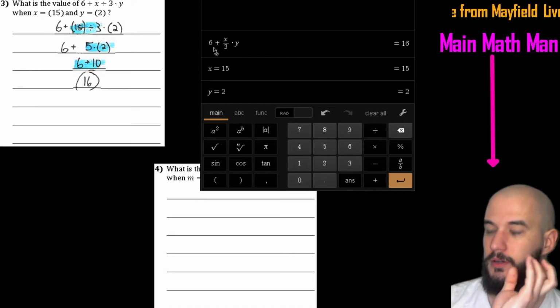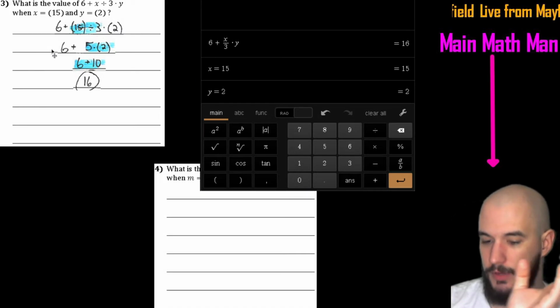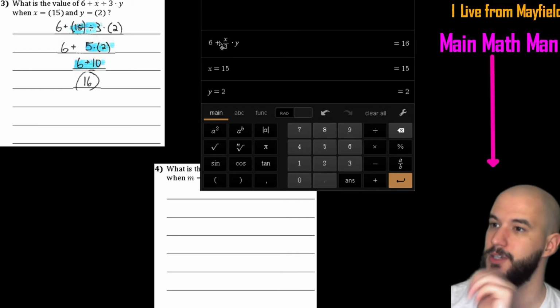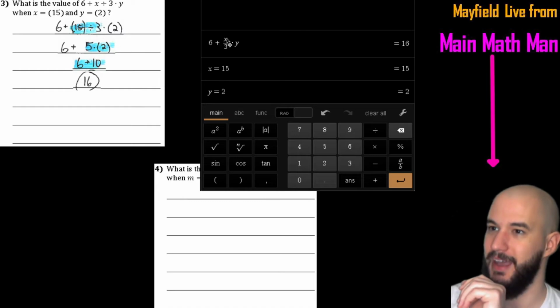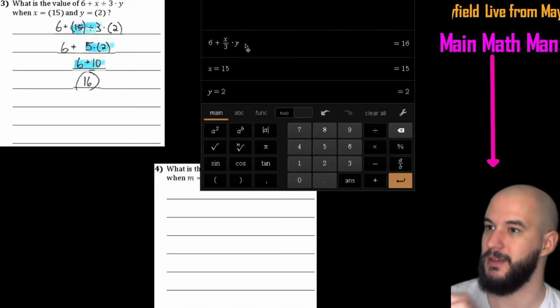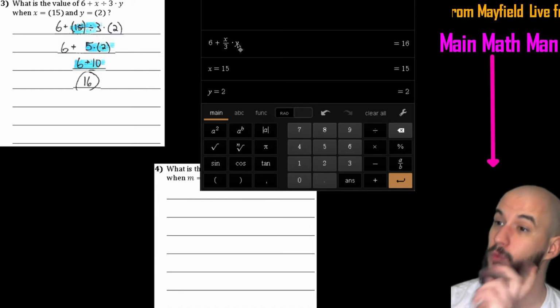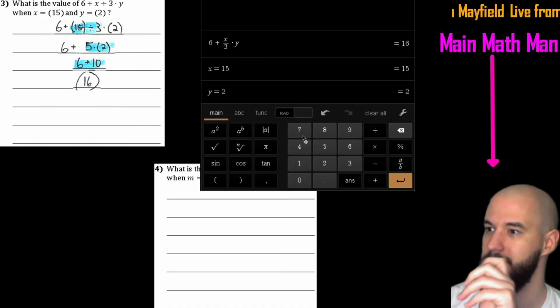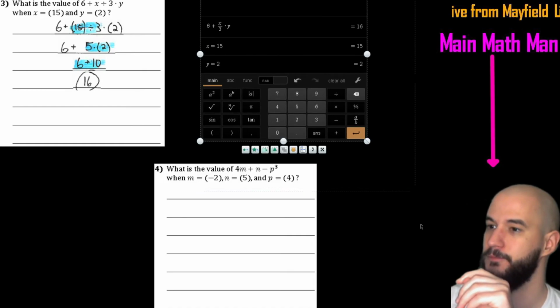As long as you're reading left to right, so is the calculator. So it has 6 plus x divided by 3, and then separately times, not 9, y. Make sure you're spacing out. Use those arrow keys that are in there for you.